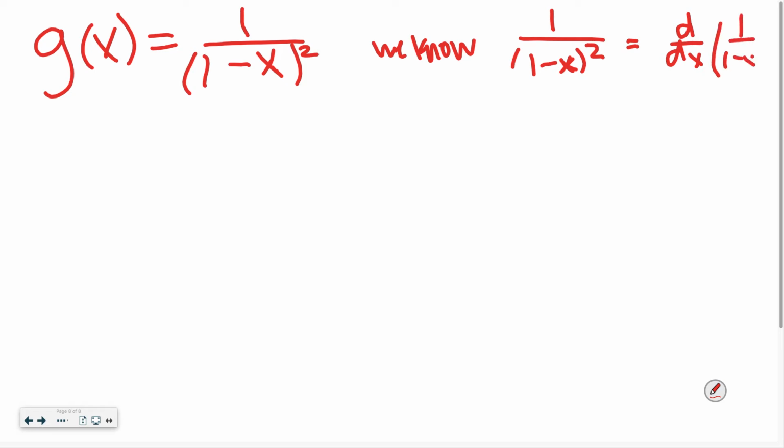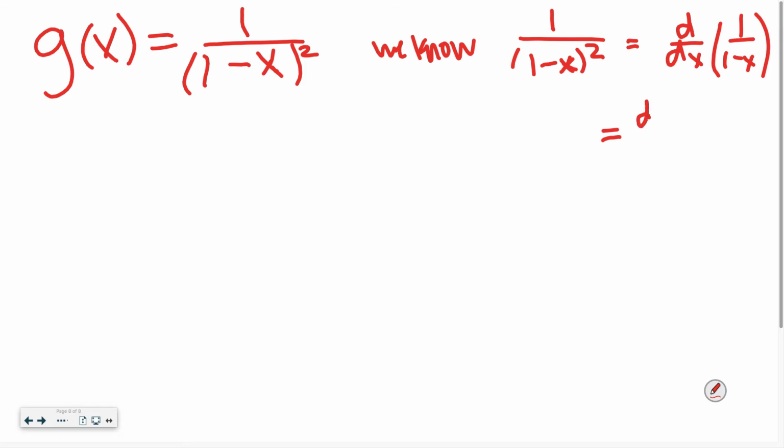We know it's the derivative. And can we model this derivative? Yeah. That is 1 minus x to the negative first power, so the chain rule cancels out the negative sign.